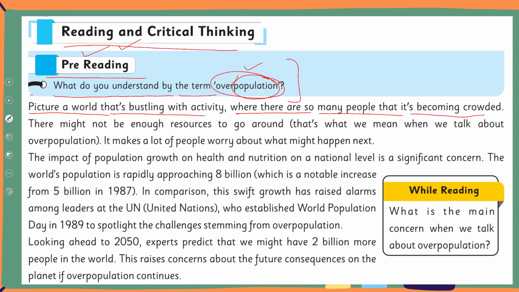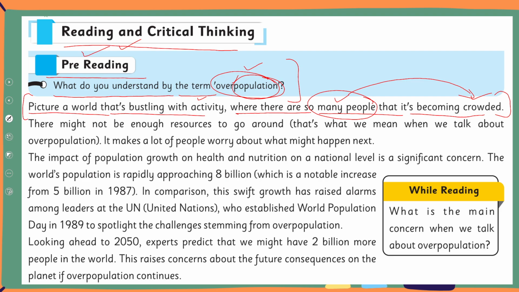So it means that we are talking about the earth, the planet being overcrowded because there are so many people and it becomes crowded. And what do we understand by a crowd? A crowd is always irregular, unusual, and creates problems and disturbance.